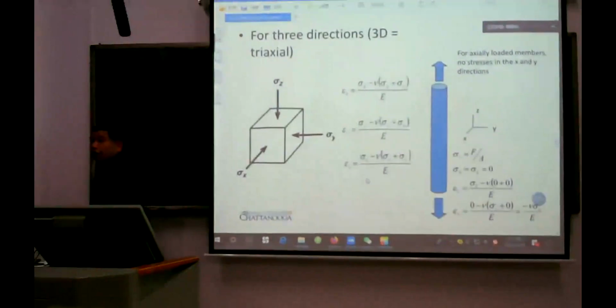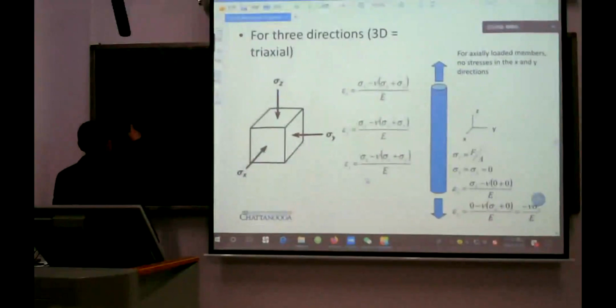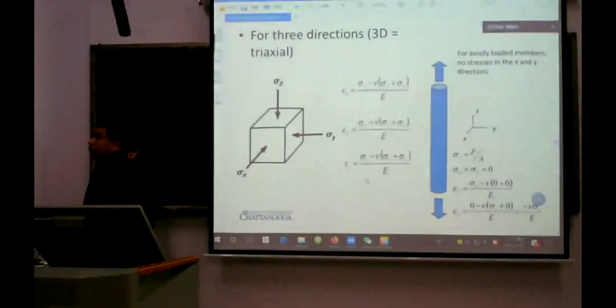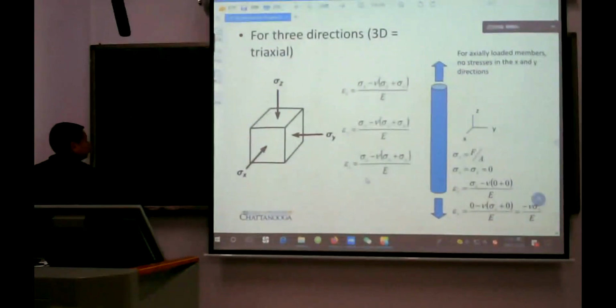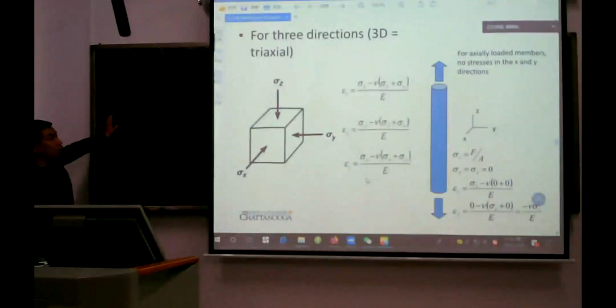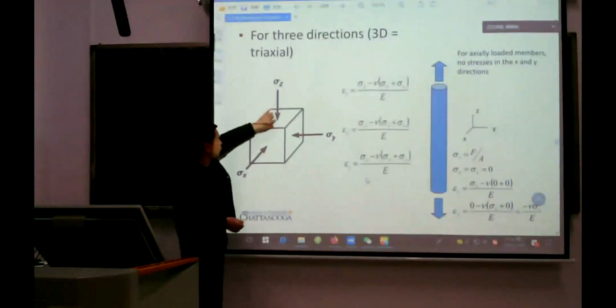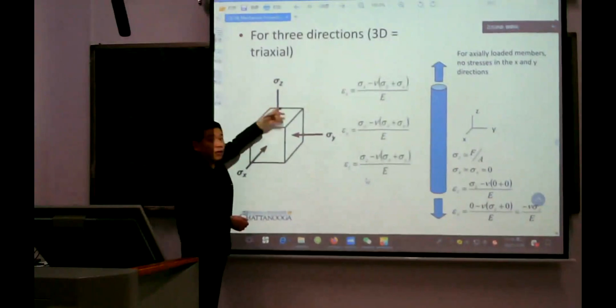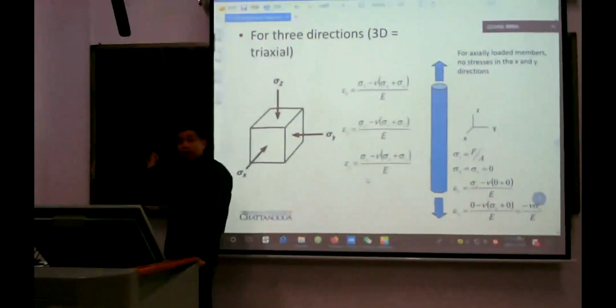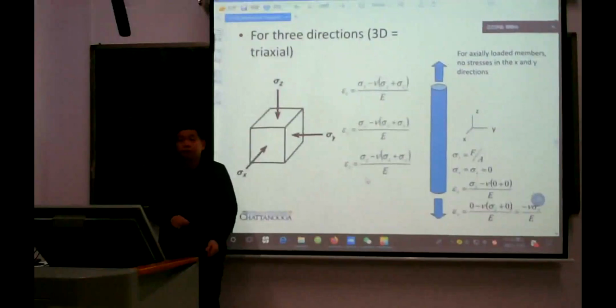Yes or no? Because epsilon z over epsilon x, epsilon z is minus gamma. So epsilon y will be, yes or no? Just one load, just sigma z on it, gives 0, 0, 3 strain.